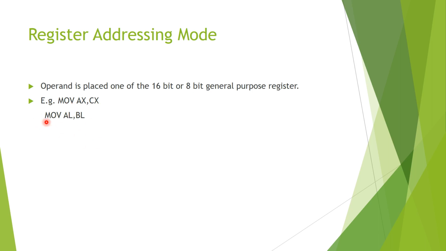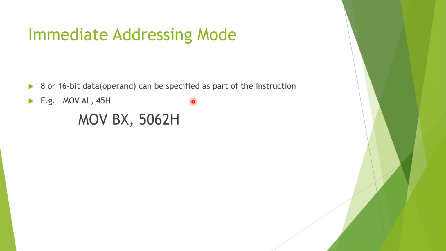In this, 8 bit data will be moved from the lower register B to the lower register of the accumulator. So in the register addressing mode, the operand is in one of the 16 bit or 8 bit general purpose registers. Then we have the immediate addressing mode.